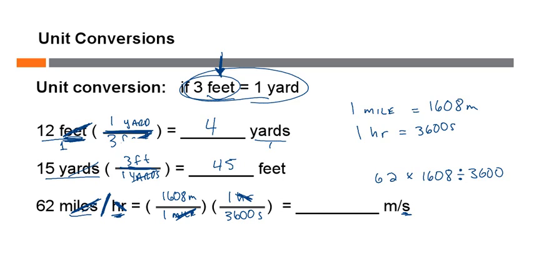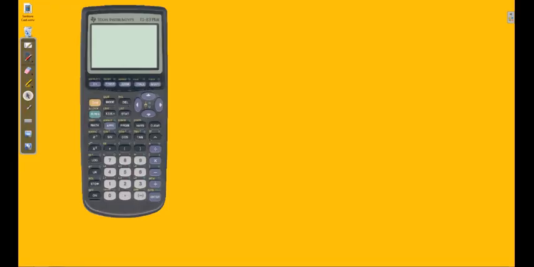I'm going to go to the calculator here and punch that up. So here is 62 times 1608 divided by 3,600, and I'll get 27.693333.